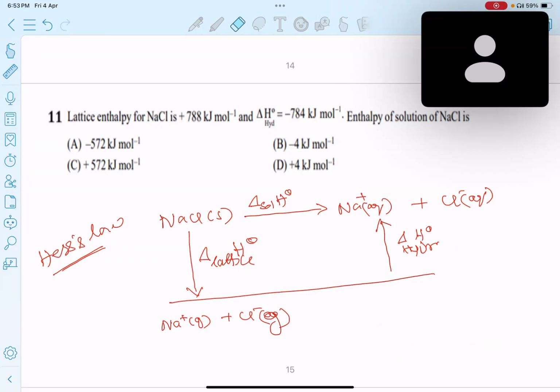So this is a single-step process, the enthalpy of solution. These two are a two-step process. So according to Hess's law, the enthalpy of solution is equal to the sum of the lattice enthalpy and the hydration enthalpy.